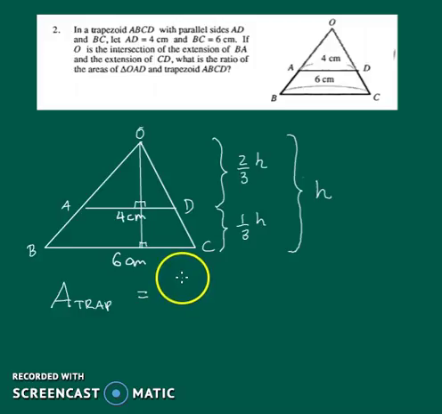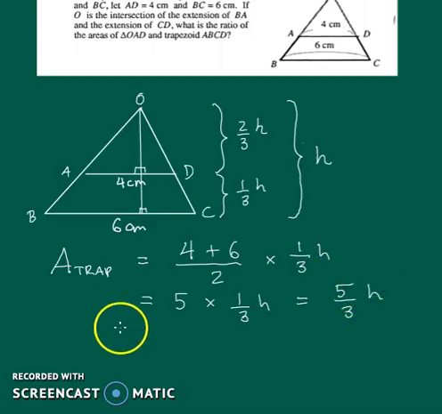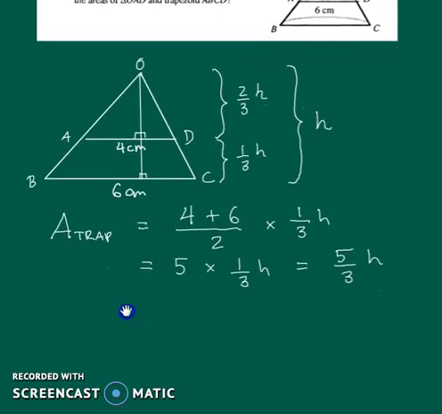So the average of the two parallel sides will be found by adding 4 and 6, dividing by 2, and then we'll be multiplying by the height, which is 1/3 of H. So 4 plus 6 divided by 2 gives us 5. So 5 times 1/3 of H, and that gives us 5 over 3 H. Okay, let's leave that for now.